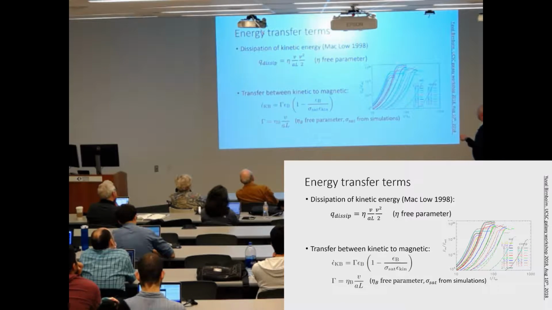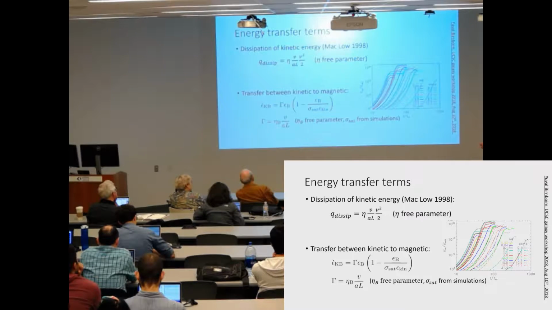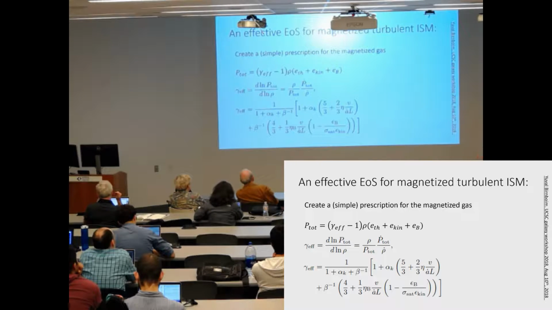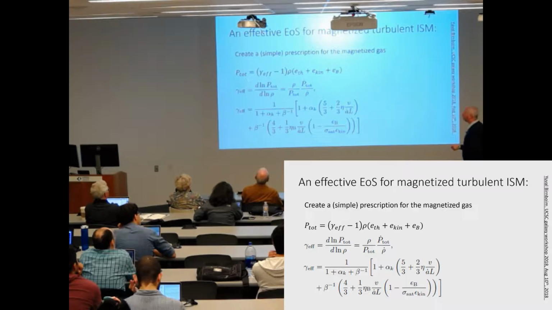We mimic what we see here just by a transfer term between the kinetic component and the magnetic component. We use the same dissipation, the McLaw 98 dissipation. We have some free parameters that we have to calibrate from the box, but having done that, we can formulate an effective equation of state that connects the total pressure to the total energy.